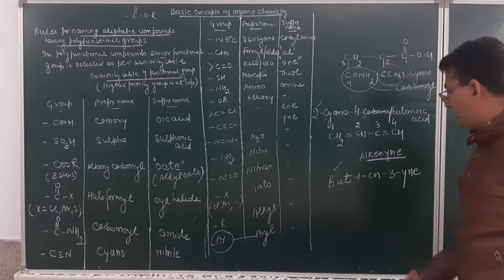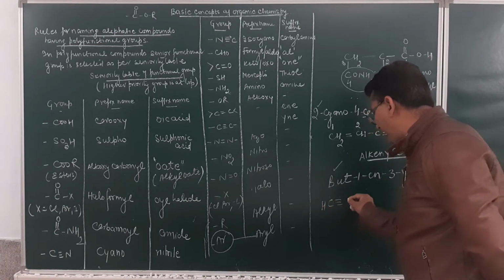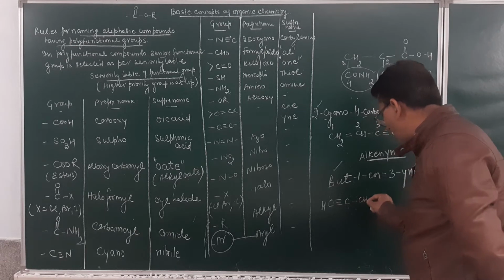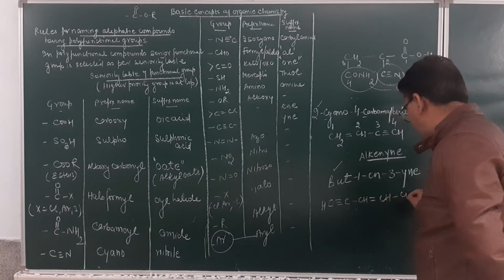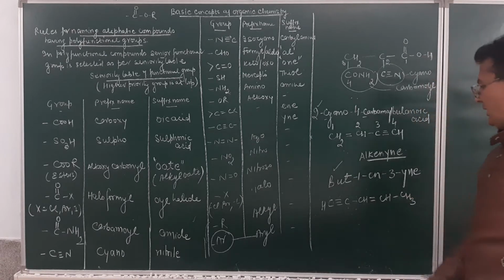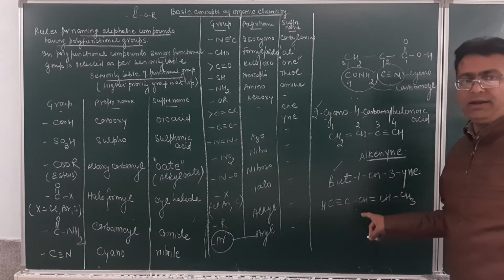However, suppose we have this compound CH≡C-CH=CH-CH3. Here again in this compound, both the double bond and the triple bond are present. Now remember the rule over here.